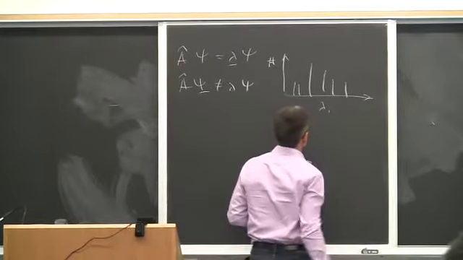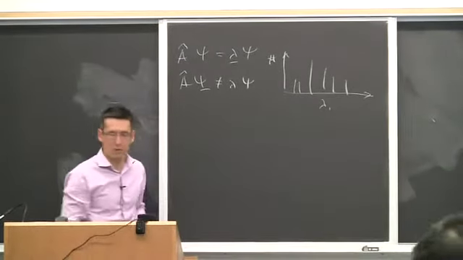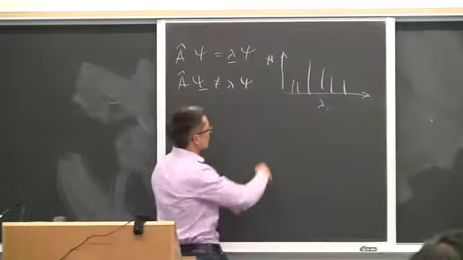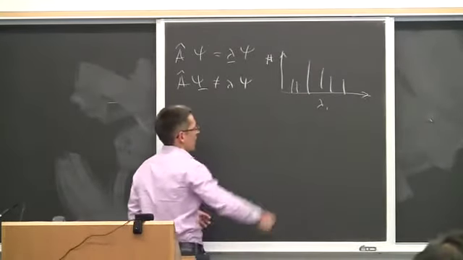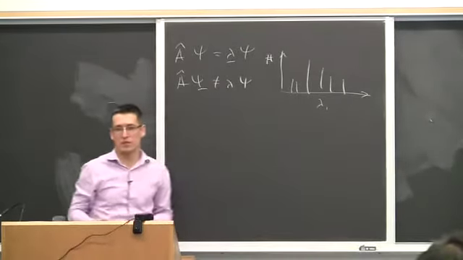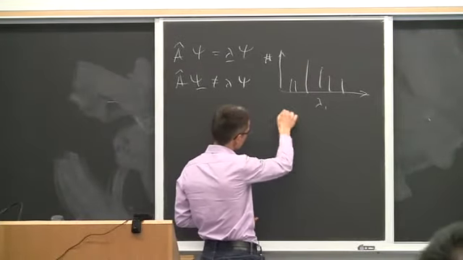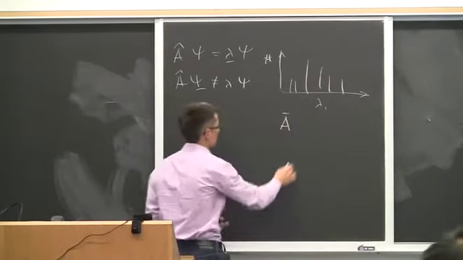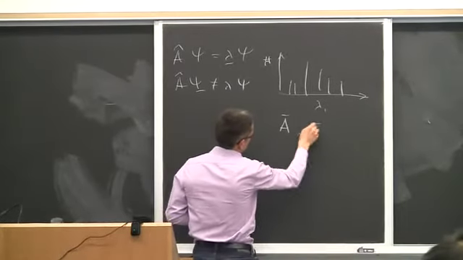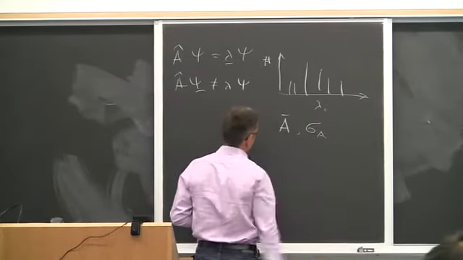Say it's a discrete set of values, right? Then we'll have a distribution. And there are two important characteristics of any distribution. One is the average value, right? And another is the standard deviation.